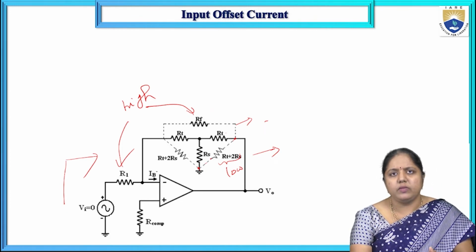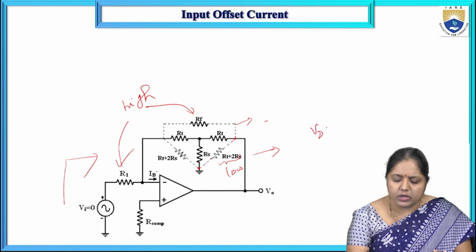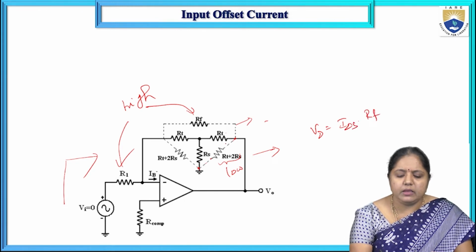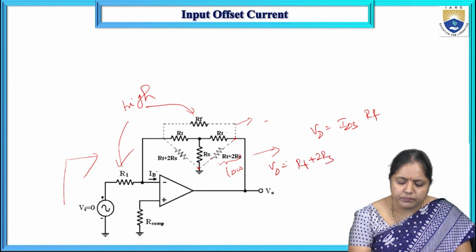What is the impact of this? Previously you have seen, we know that V naught equal to IOS into RF, like that we have seen the expression. By keeping this pi type of network like this, I can get V naught equal to (RT plus 2 RS) into IOS.